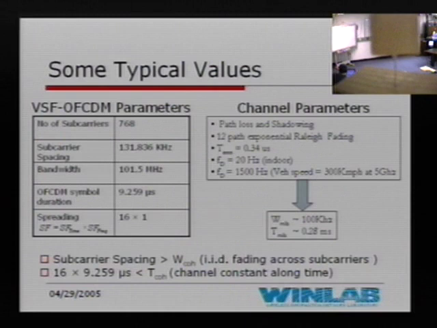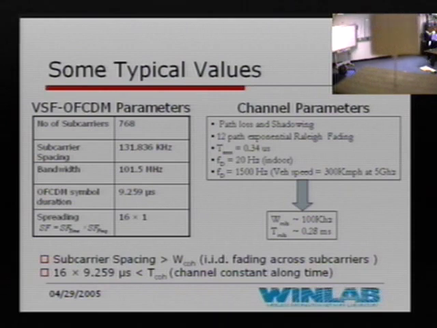There are some typical values, and the message that I want to convey is: look at the subcarrier spacing. It's in the range of some 130 kilohertz, and an OFCDM symbol duration along time is approximately 10 microseconds.